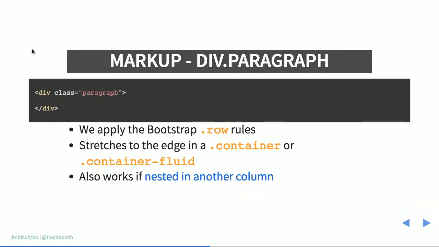In Bootstrap 2, they were span4. In Bootstrap 3, they were col-sm-4, something like that. So I wanted to come up with a BEM style, block element modifier style markup for the paragraph bundle that we can apply these styles to, to kind of future-proof it. Bootstrap 4 is in beta now.